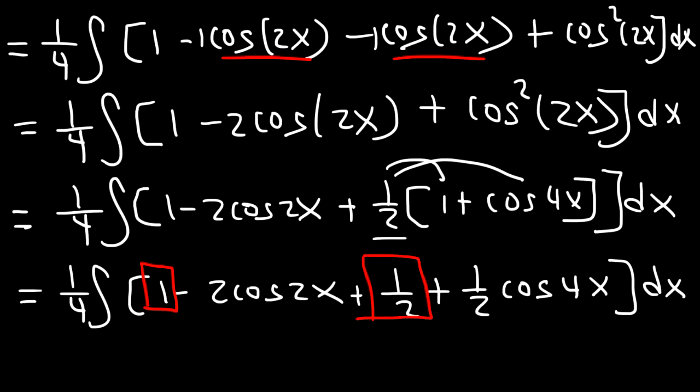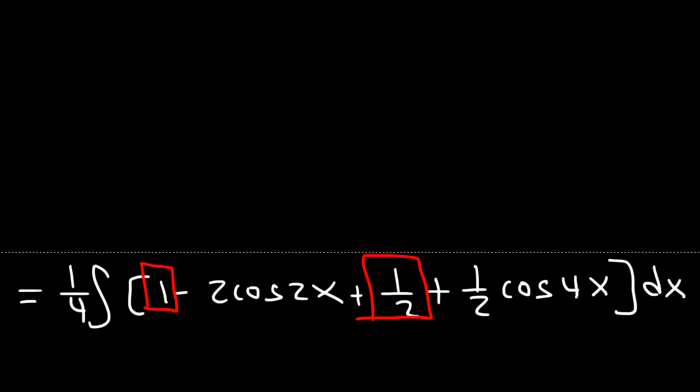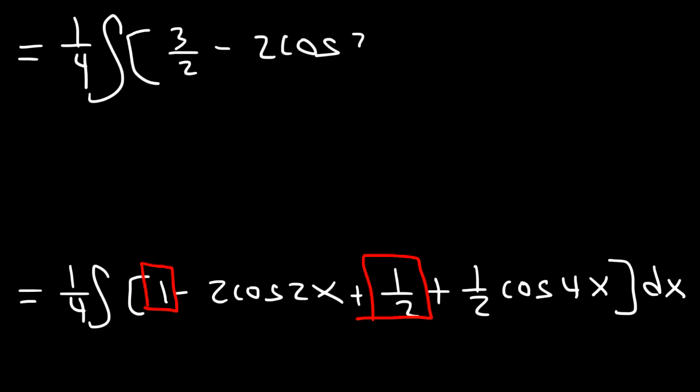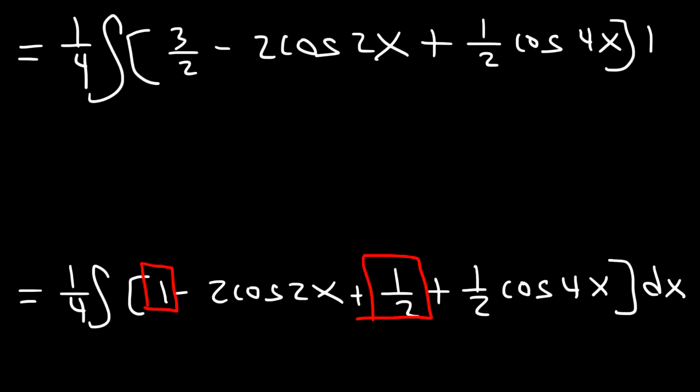So you need to get common denominators. 1 is the same as 2 over 2. So 2 over 2 plus 1 over 2 is 3 over 2. And so this is going to be 1/4 integral 3 over 2 minus 2 cosine 2x plus 1/2 cosine 4x.